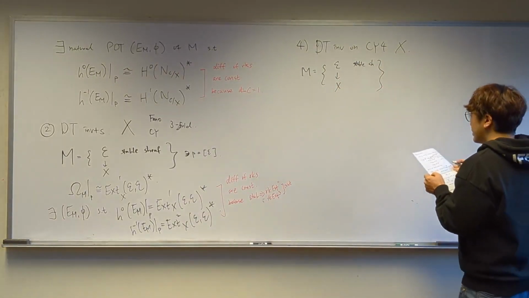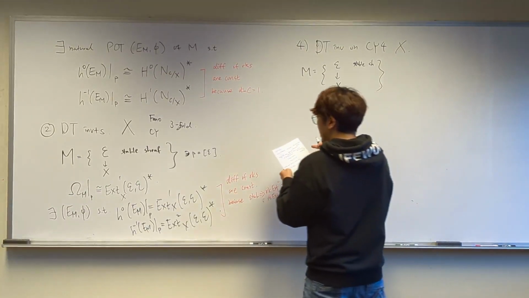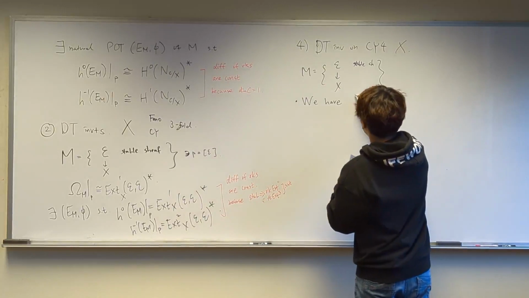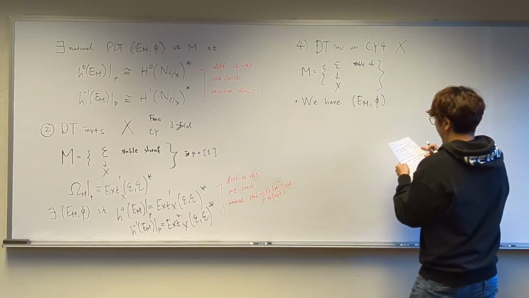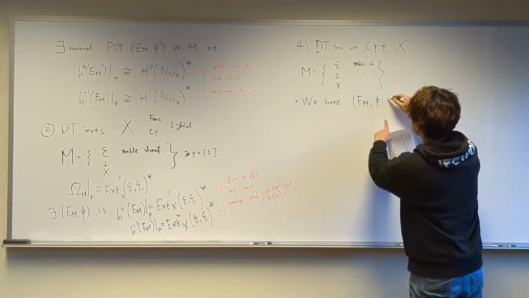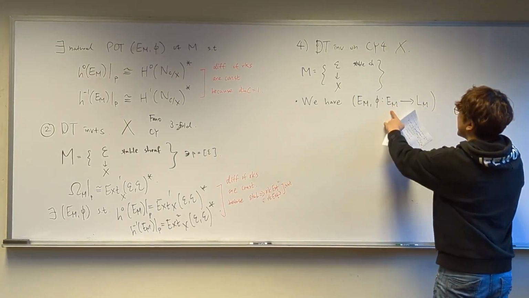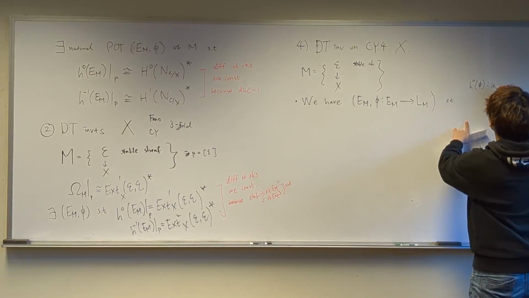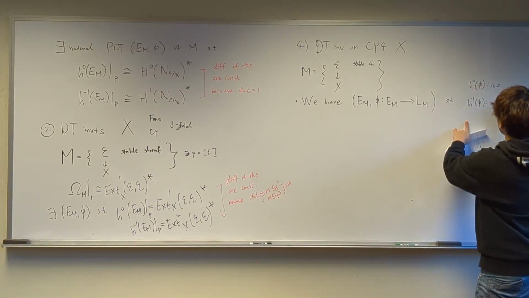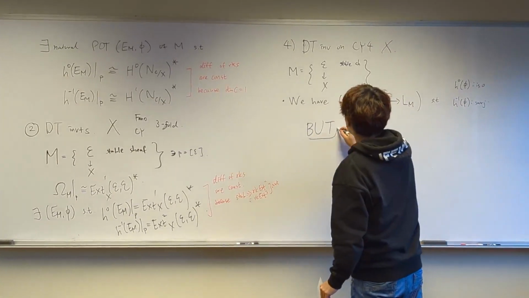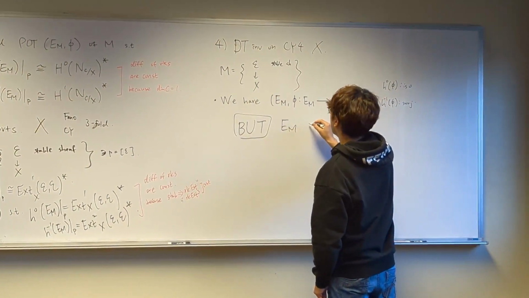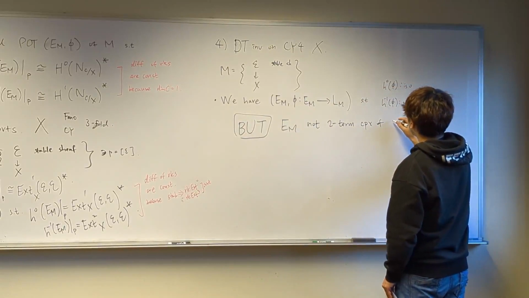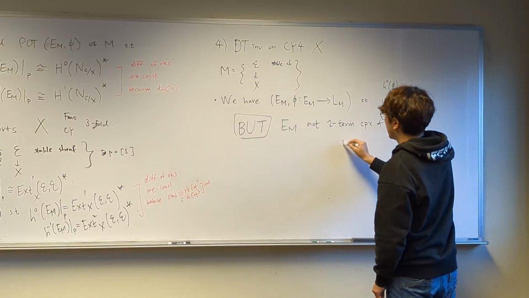Then still we have something, even though this is not a perfect obstruction theory: a morphism in the derived category from E_M to L_M such that it is an isomorphism on h^0 and surjective on h^{-1}, but this is not a complex of vector bundles. So this is not a POT.